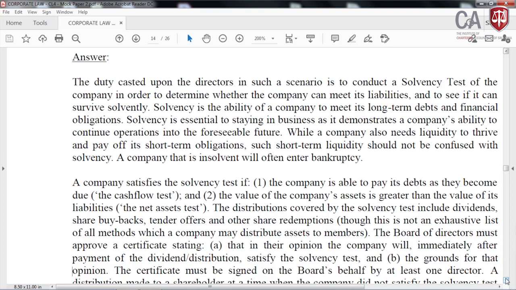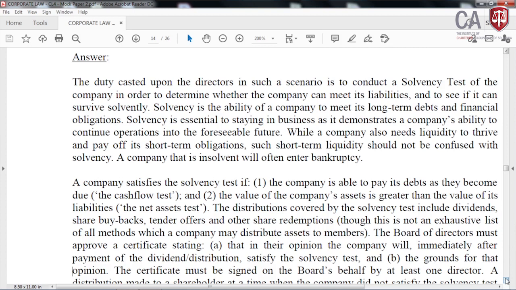That means that when a company cannot really survive even with short-term solutions, and the directors' prudent observation of a solvency test would show that the company cannot survive even with short-term solutions in the long run, then a company that is insolvent will often run into bankruptcy.